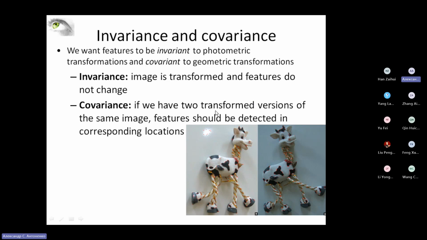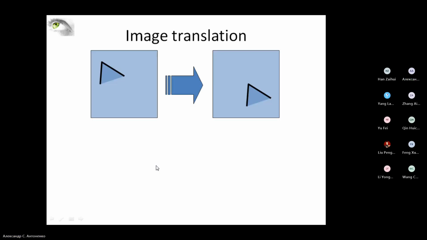Covariance: if we have two transformed versions of the same image, features should be detected in corresponding locations. So if we have a feature here, then if we change the image, it should be here, for example. So this feature changes its position, but changes with the whole object.